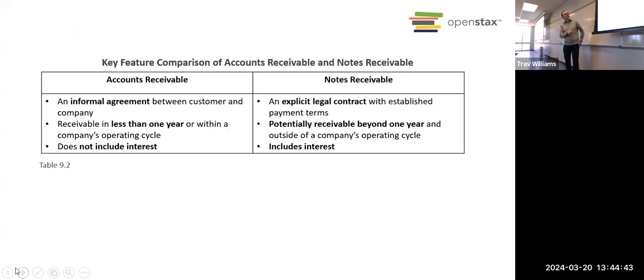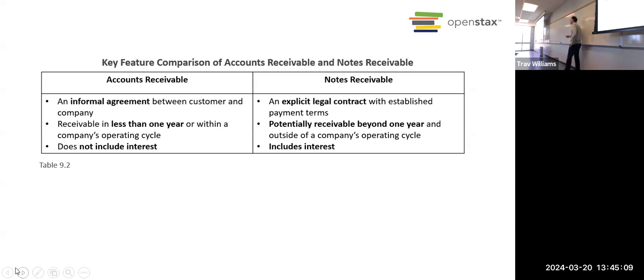So just to compare accounts receivable and notes, accounts receivable, you don't need any formal document. Basically, the seller just says, sure, you can pay us later, we'll send you an invoice. Accounts receivable are always expected to be paid off within a pretty short period of time.